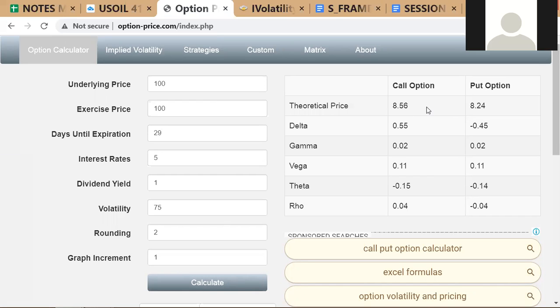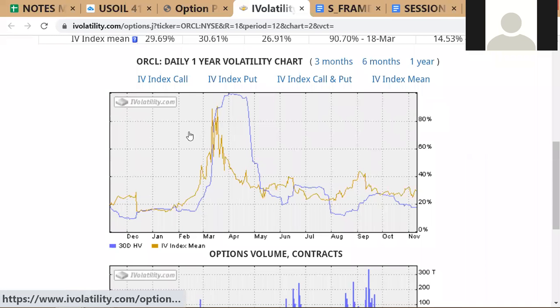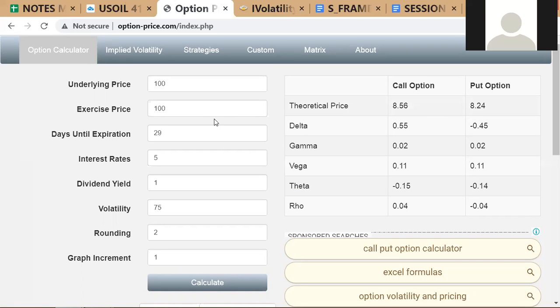So imagine a return of 5.5 on an investment of 2.96. It's almost a 200% return. In the case of Oracle, this happened in about 1.5 months, Feb to March. So in about 45 days you're able to make a 200% return on your invested capital. This kind of thinking you'll see mentioned in many places in option books, even in your textbook.